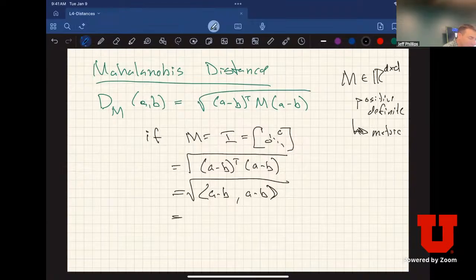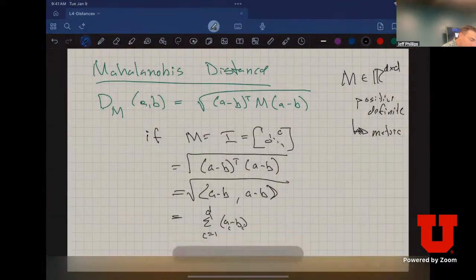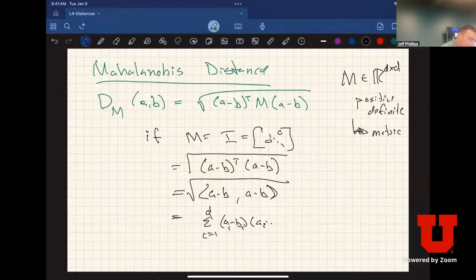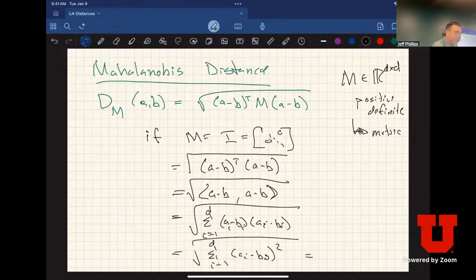What is the dot product here? Well, that is the sum from i equals 1 to D of (A_i minus B_i) times (A_i minus B_i), over all coordinates. This is just equal to the sum of (A_i minus B_i) squared, so this becomes the Euclidean distance.